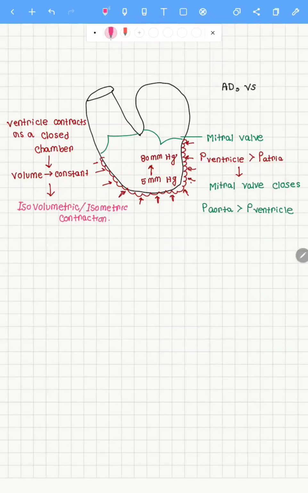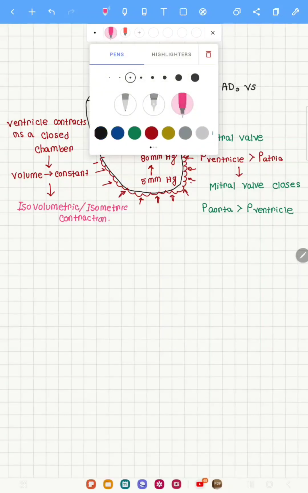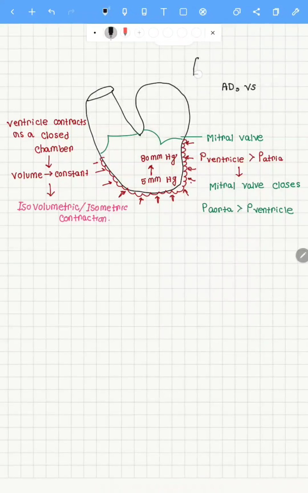In this phase, atria only behaves as a tank. It receives the venous return from the lungs. So let me draw the lungs. Atria behaves as a tank.